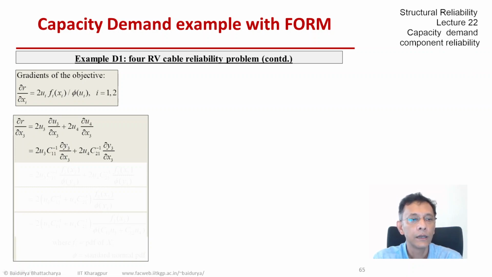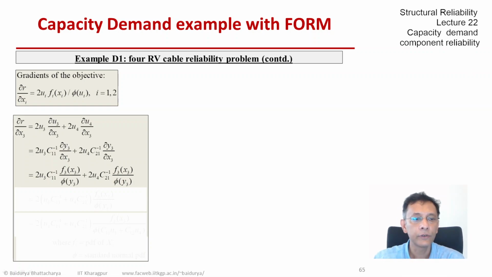So now we have partial y3 with respect to x3 occurring twice. And just like we did for x1 and x2, for the partial of y with respect to x we use the same full distribution transformation information, and that gives me the ratio of the density functions. So the PDF of x3 over the PDF of y3.